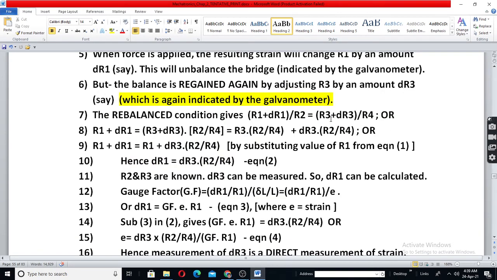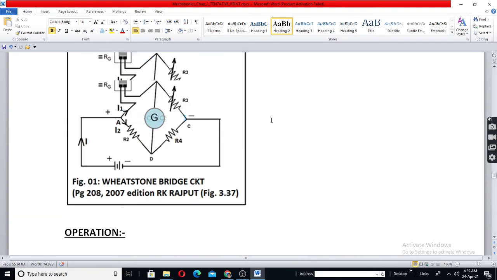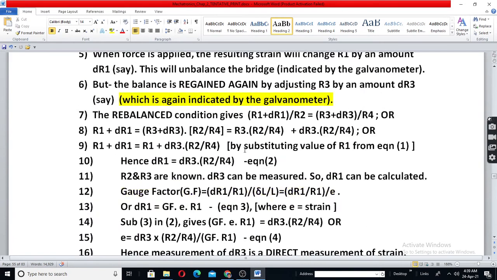Let us call the new R3 as R3 plus a small change in R3. And now after force is applied, R1 will become R1 plus dR1. So R1 by R2 is equal to R3 by R4, you know that. But now R1 is this, R3 is this, with the small change. Now write R1 plus dR1, expand, substitute all, do all these things.